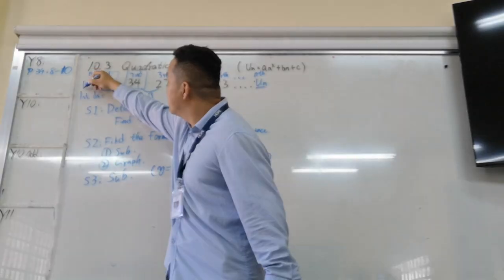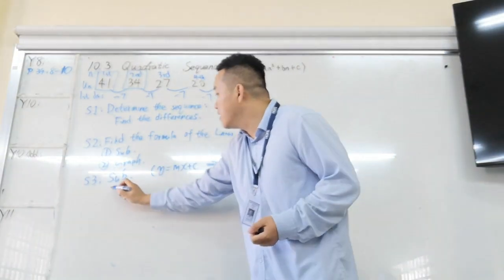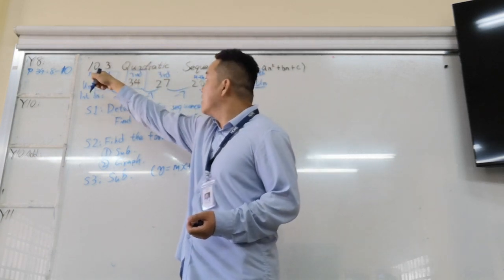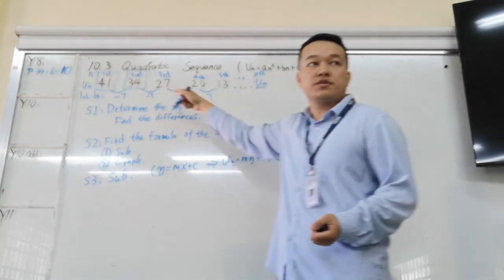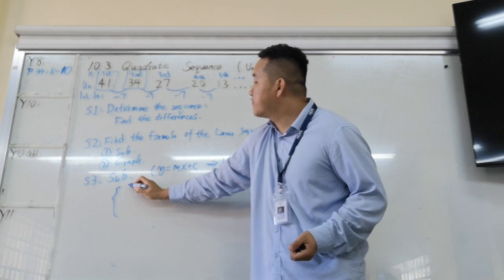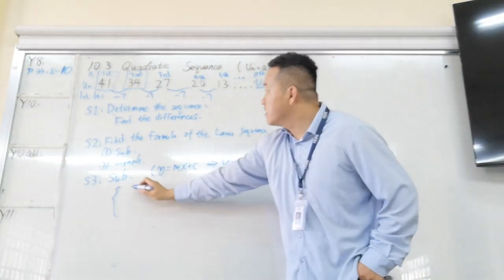Un. So we got 2 points, and we're going to substitute these 2 points in the formula, and we get what? The first one, if we substitute the first point in the equation, we get what?